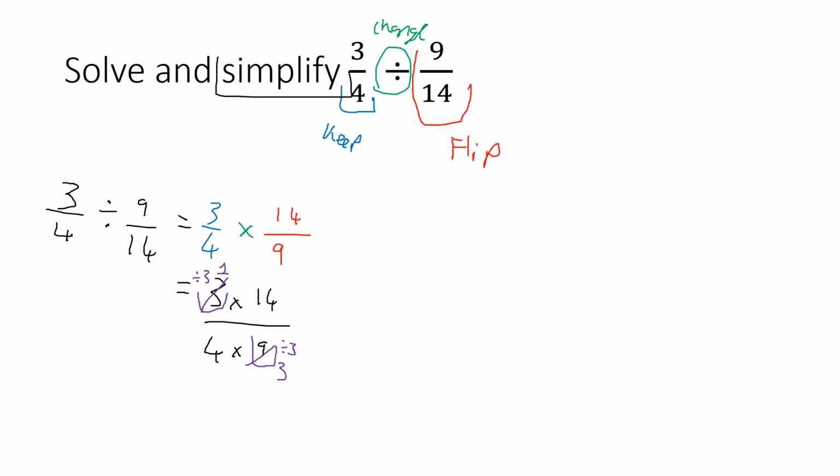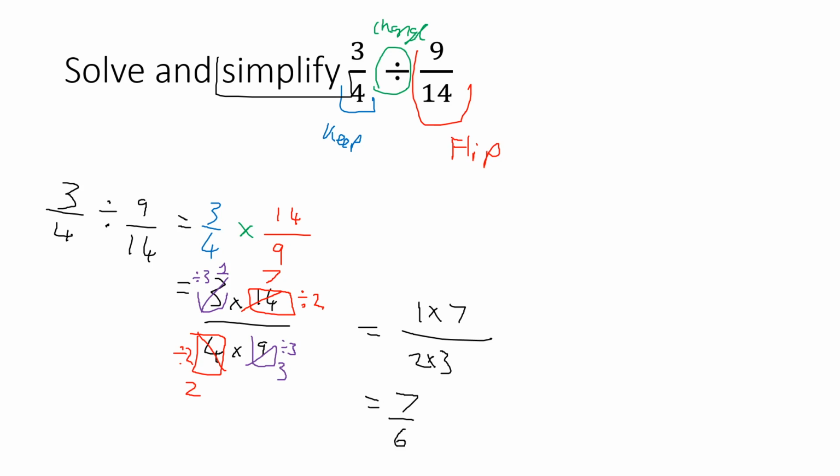And likewise, we can do the same for 14 and 4, because they're both even numbers, so we can divide both of them by 2. So what's 14 divided by 2? 14 divided by 2 is simply 7. 4 divided by 2 is going to be 2. And so what we're left with is 1 times 7 over 2 times 3, which is the same as 7 over 6.